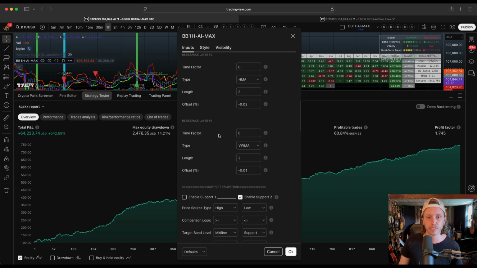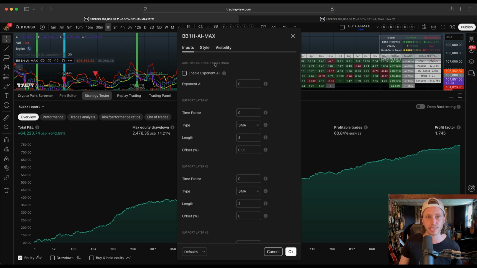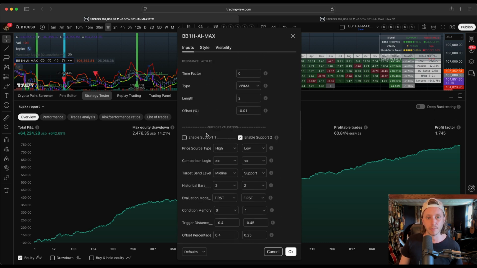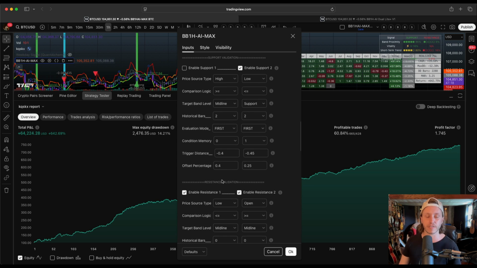Okay, the things that are different about the AI Max, obviously, is that section I just looked at there. And then the support and resistance validation sections are much more in depth. And I may end up adding some of this stuff to the BB30 as well. But this uses some extra sections, and I will go through those in a different video.